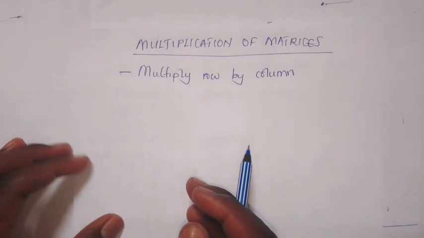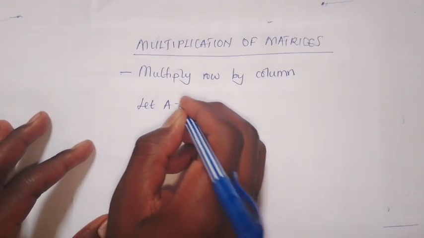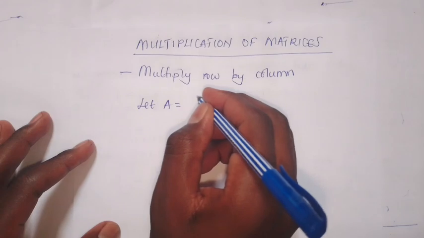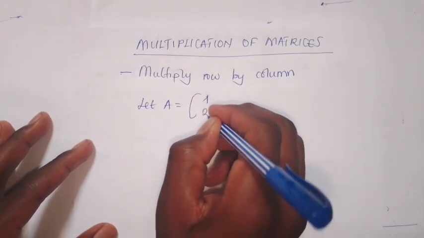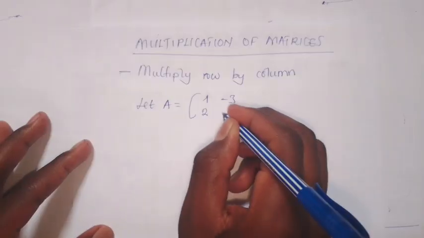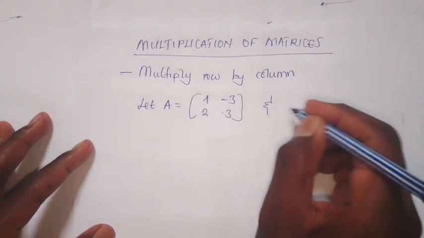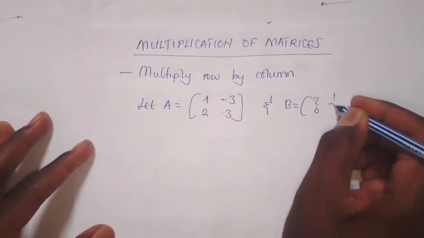Okay, let A be equal to 1, 2, -3, 3. Then B is equal to 2, 0, 1, 7.